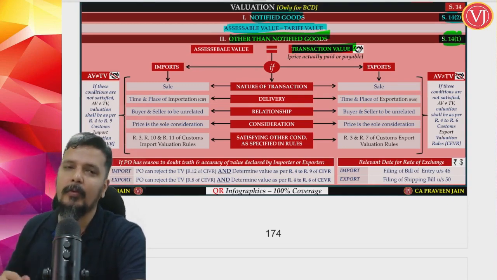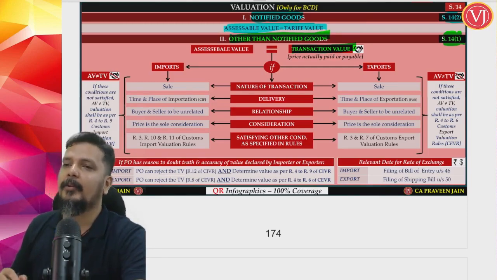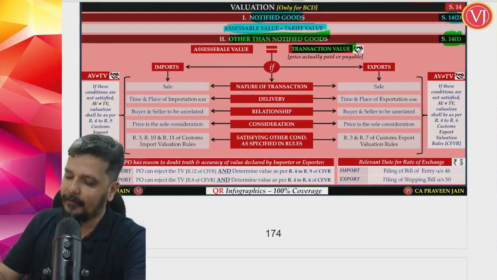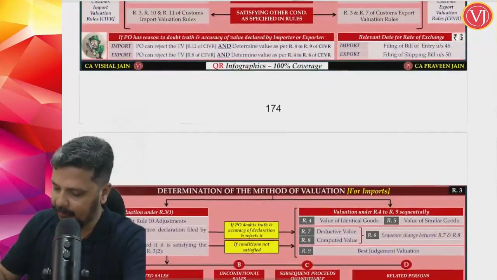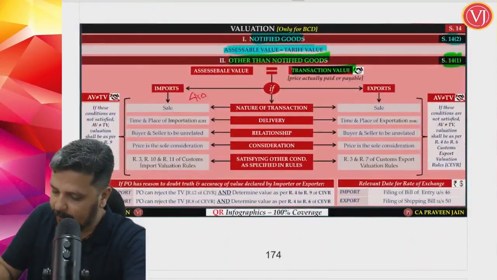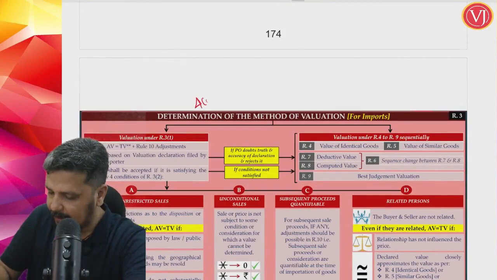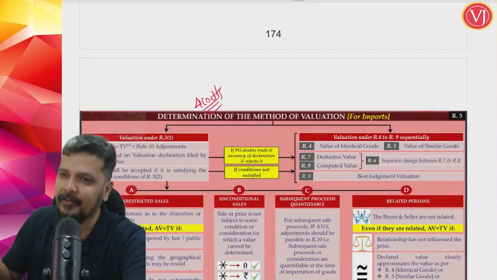For you to be covered under transaction value, you are required to satisfy certain conditions. There are totally section 14, 4 conditions. Rule 3, another 4 conditions.